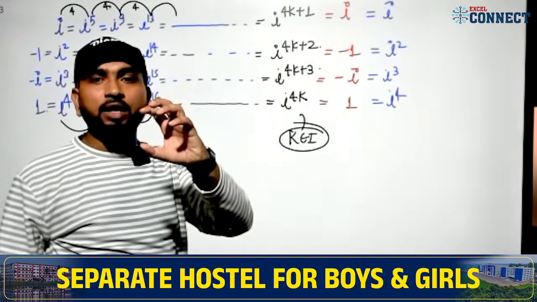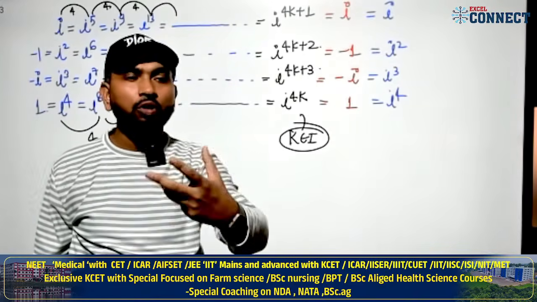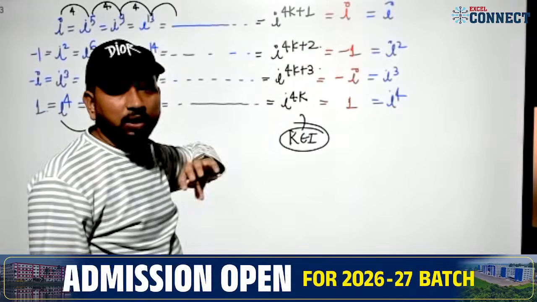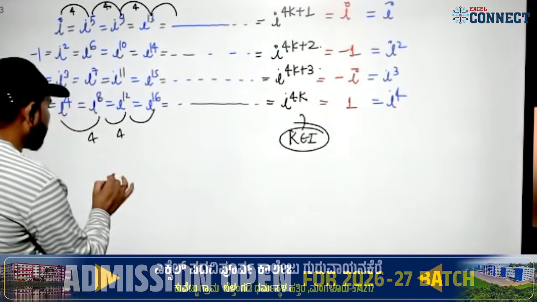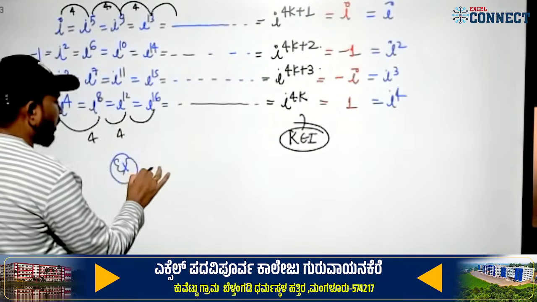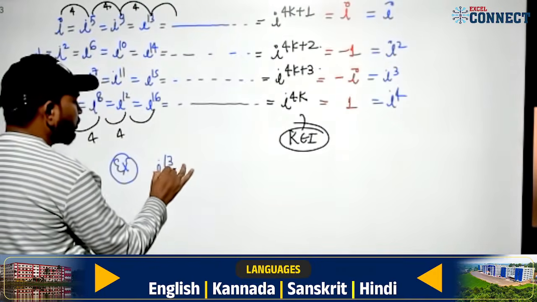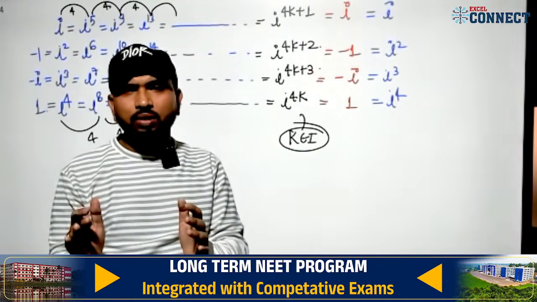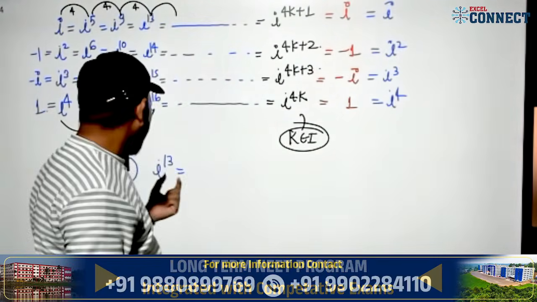So whenever I give a higher power, you need to think from the general power. Let's suppose I am giving an example: what is the value of i power 13? So what do you think? Here, 4 pairs are possible, so I will divide by 4 and find the remainder.